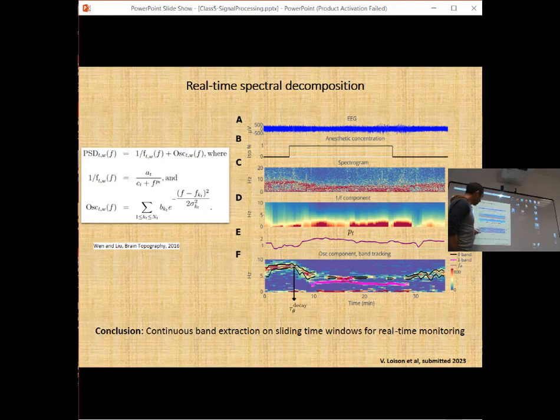So that's plotting the oscillatory component, which allows it sometimes to track the bands. You can see here the bands, the alpha bands or the theta bands, and then here the more like the delta bands. And okay, the problem is, of course, when suddenly you have no signal, you have nothing to fit. So the coefficients will be 0. So sometimes you have an interruption.